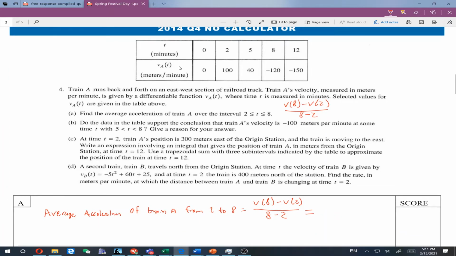What's V8 and what's V2? Okay. All right. Okay, can we reduce that at all?